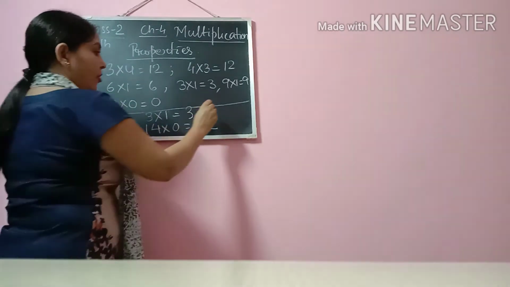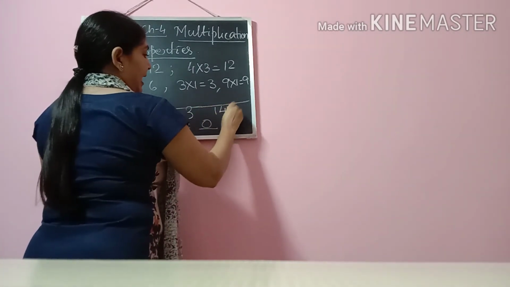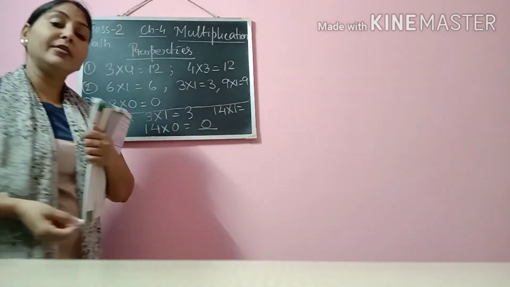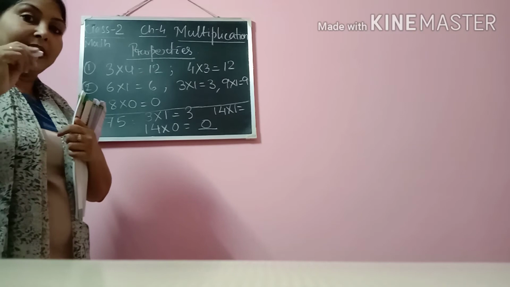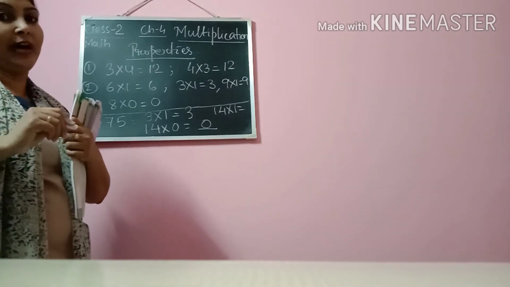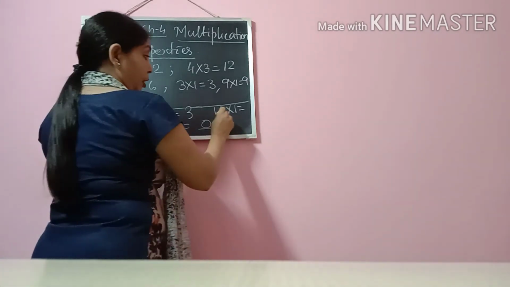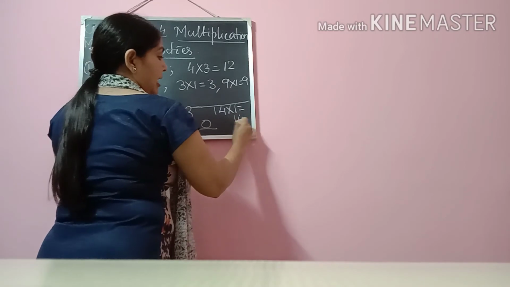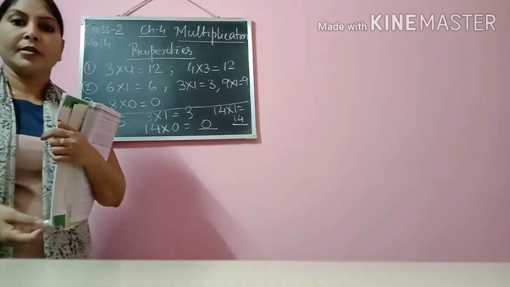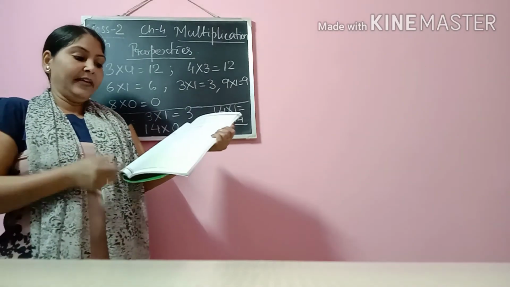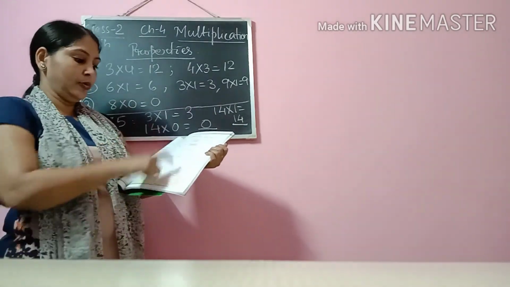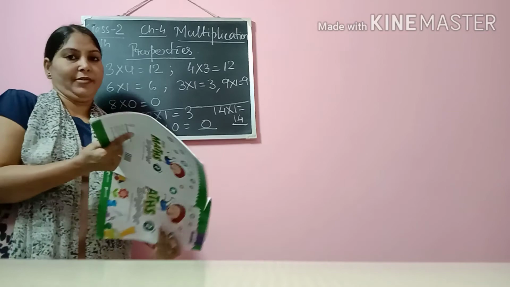And if I write 14 multiplied by 1, then what will be the answer? Now I am multiplying by 1. Okay. So whenever we multiply any number by 1, the product is the number itself. So the answer will be 14 only. So these three properties you have to always keep in mind, and with the help of these properties you can do this, page number 75.